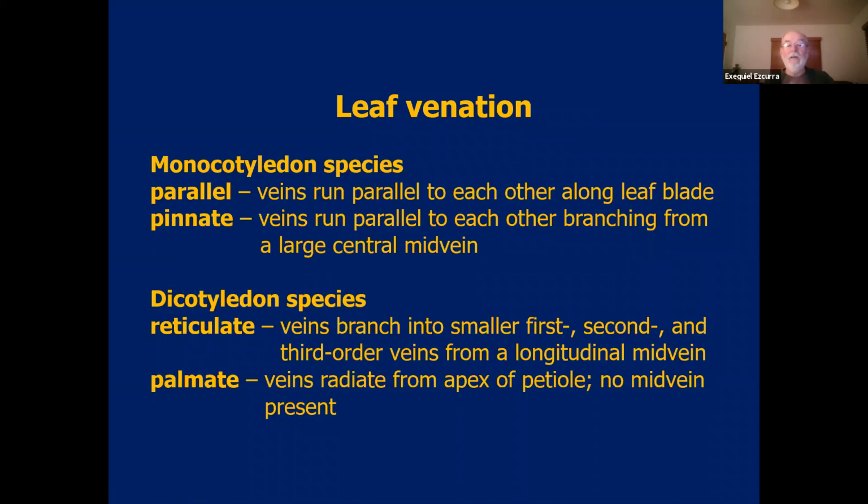That is, it can have a central axis and then radiating from there. In dicotyledon species, venation is always reticulate, and it can radiate from a longitudinal vein, in which case we call it circular reticulate, or palmate, in which case veins radiate from the base of the leaf or from the apex of the pistil from below into different first order veins, and no mid vein is present.